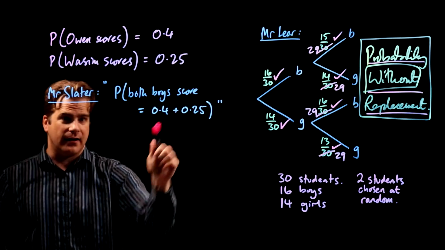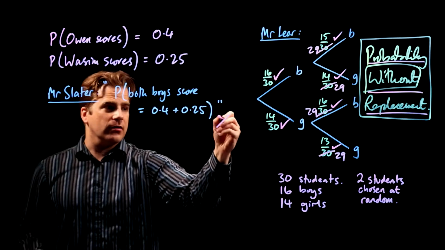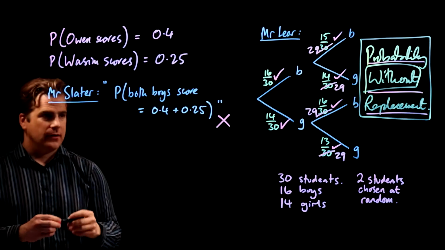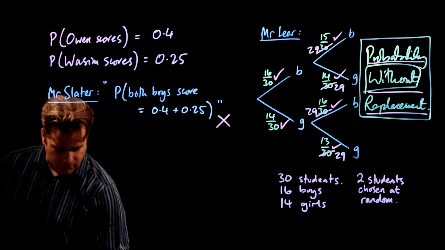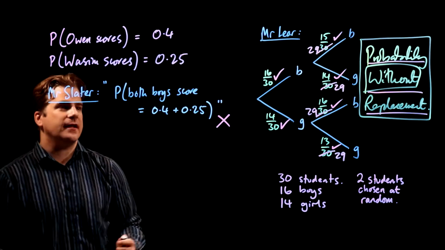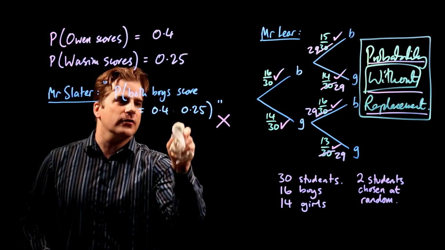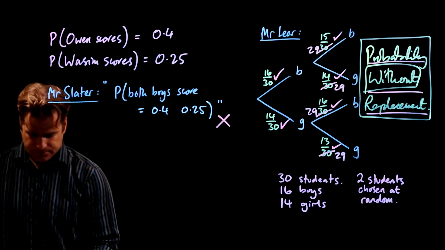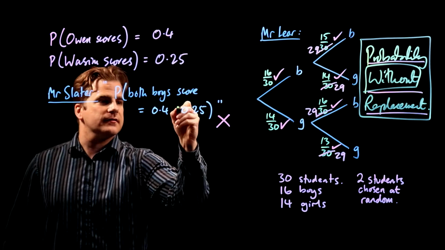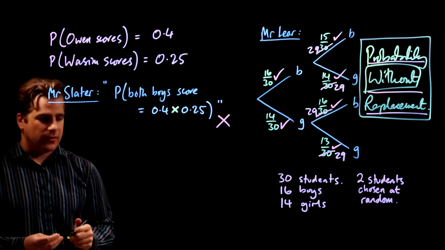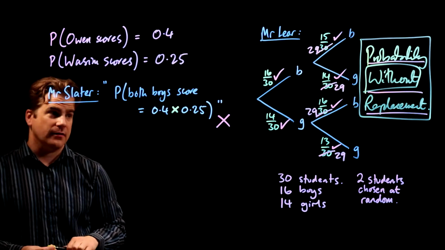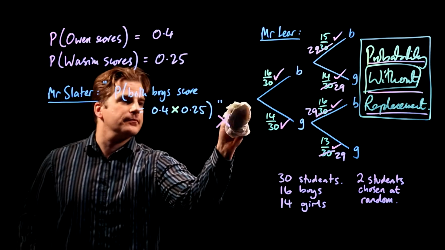You don't add. So that's wrong. We can make it correct if he had said the probability that both boys score is 0.4 times 0.25, that would be correct.